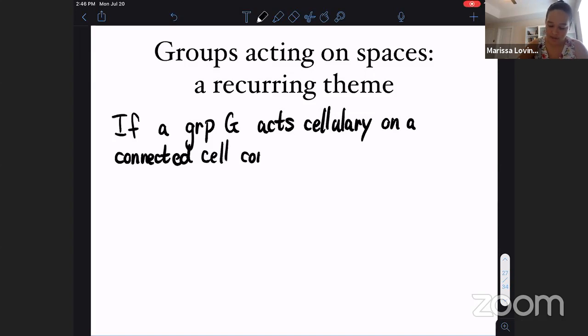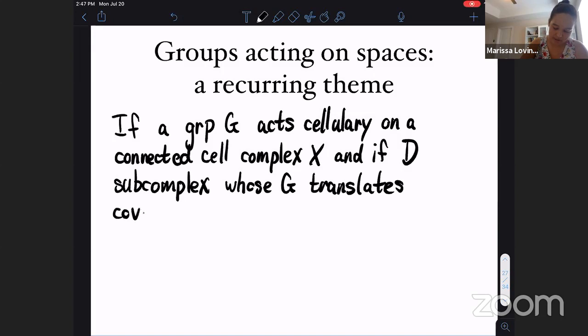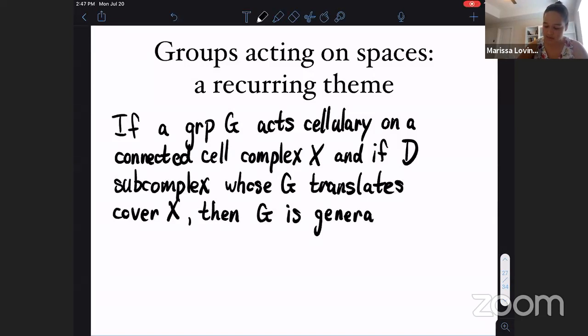On a connected cell complex X. And if we have some subcomplex D whose G translates cover our entire space X, then, so this is giving us not only finite generation like we had with Milnor-Schwarz, but an explicit generating set.